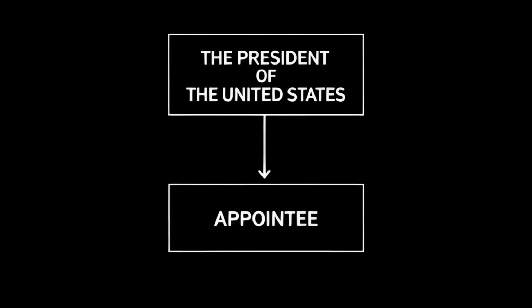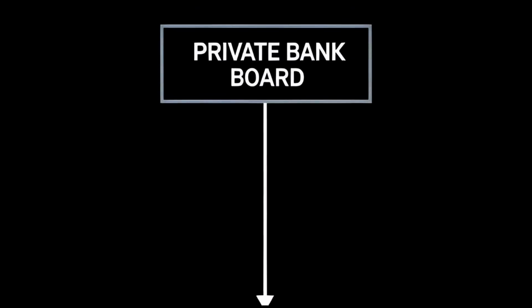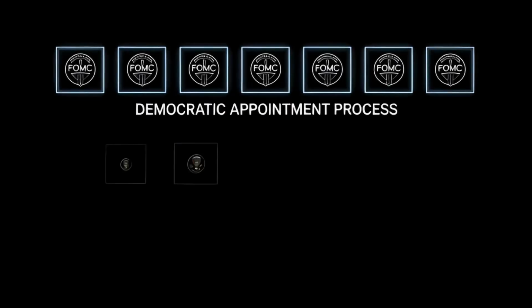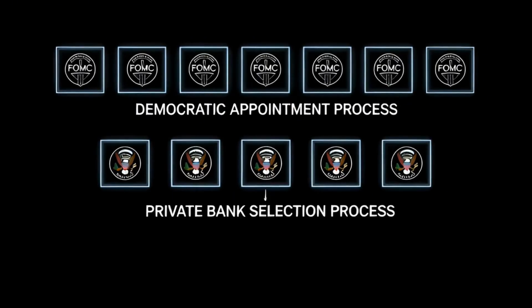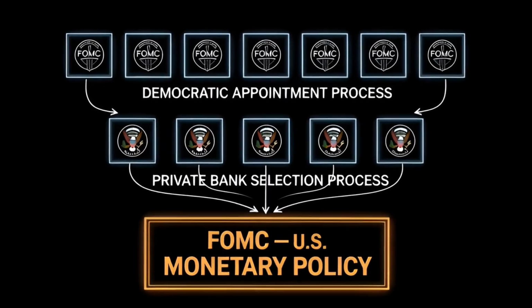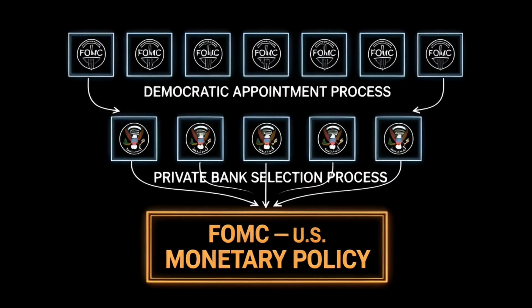The presidents of the regional banks are not appointed by the president or confirmed by the Senate. They are selected through a process that involves their private bank boards. This means the body setting U.S. monetary policy includes participants whose selection process runs through private banking institutions rather than democratic election or presidential appointment.